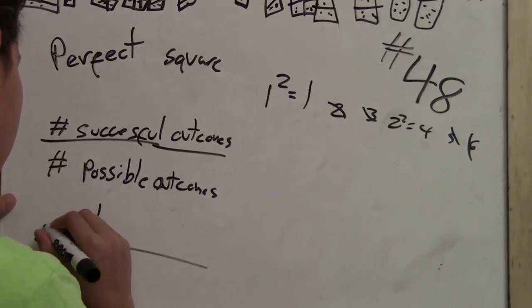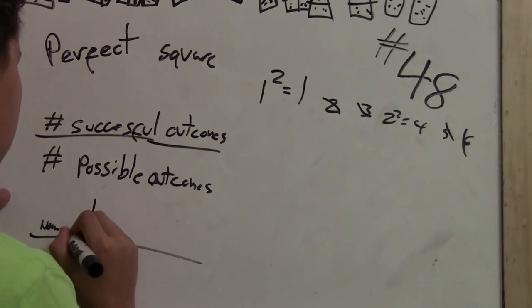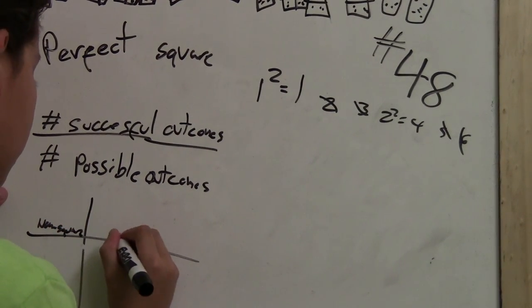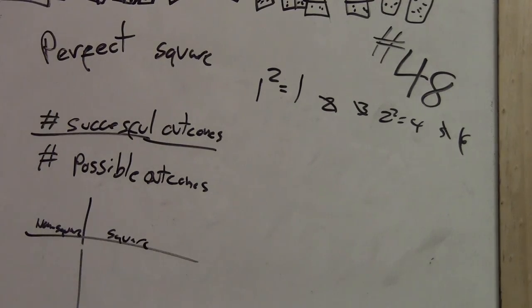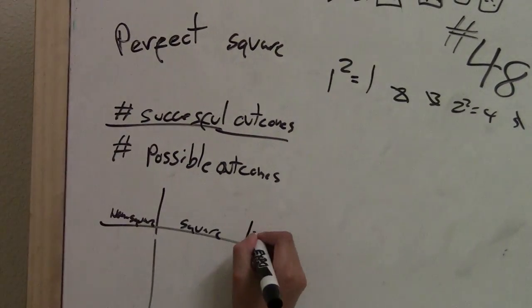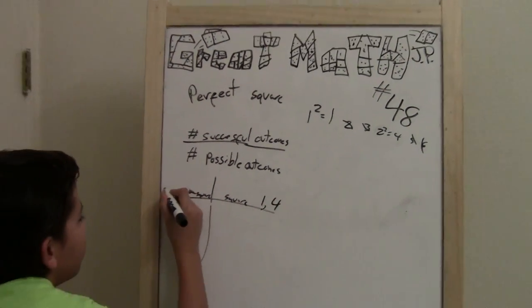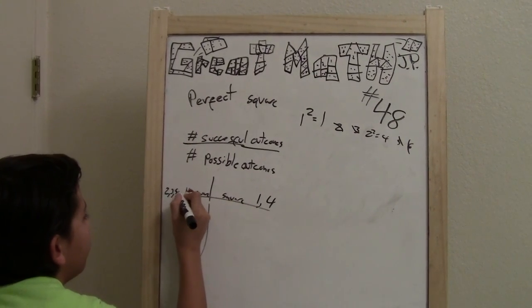Let's try. Non-square, square. So to remind me, square will be 1 and 4, and non-square 2, 3, 5, 6.